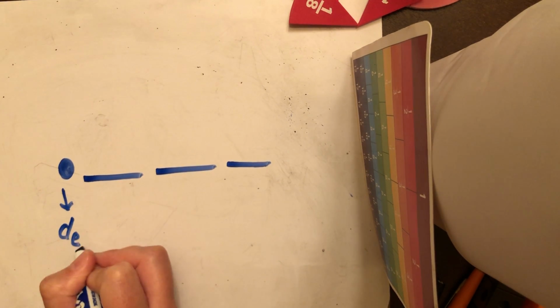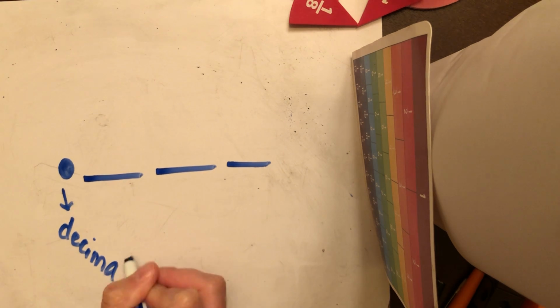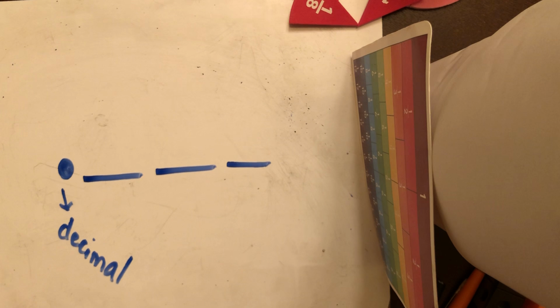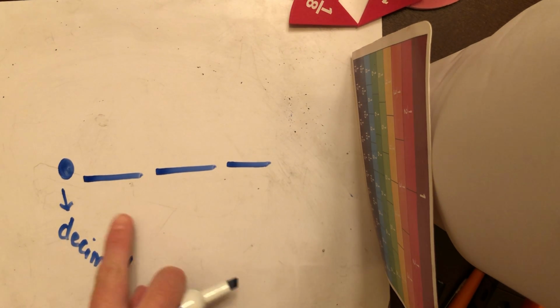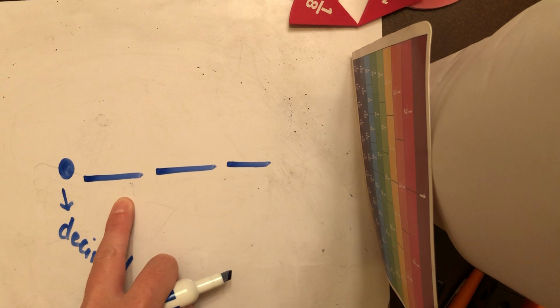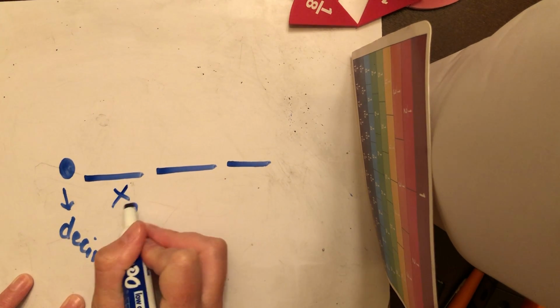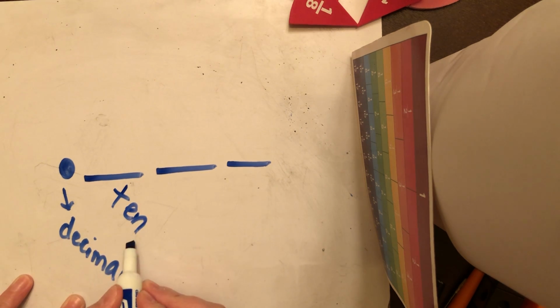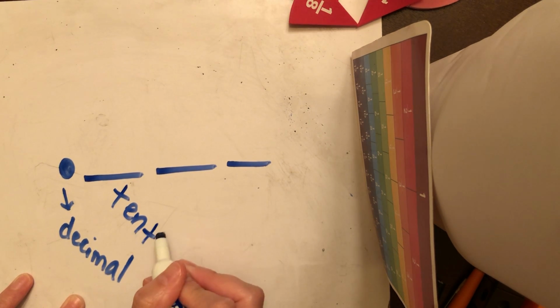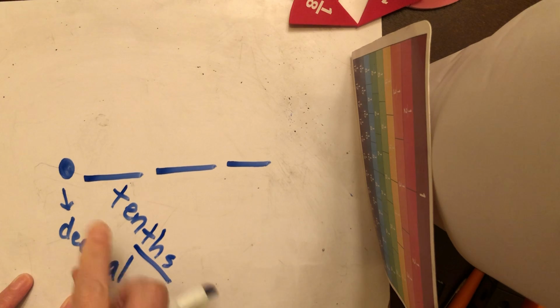Remember, we say that a decimal is indicated with "and," like if you have $1 and 23 cents, that "and" is the decimal. What number is on this side of the decimal? This is to the right. Your right is the tenths place. So I'm gonna write 10, and then I'm just gonna add a THS, tenths.